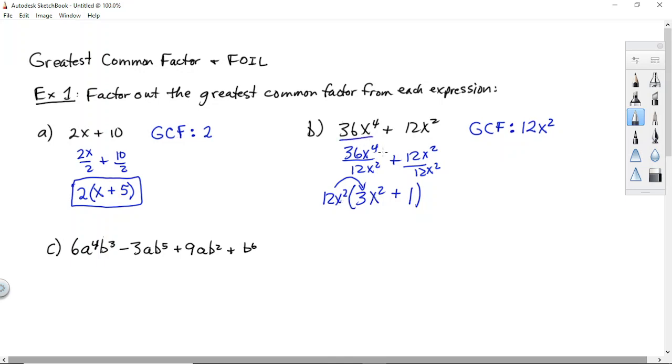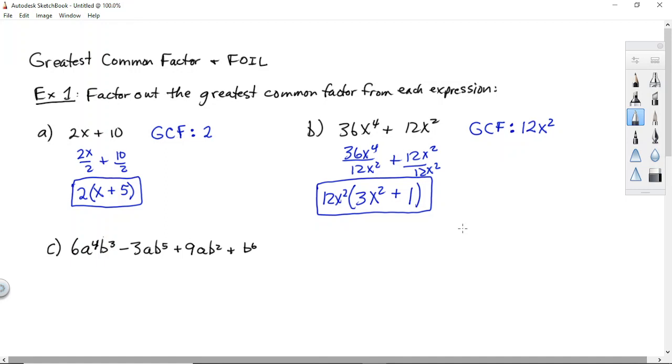We got 36x to the fourth, right? Then we'll take 12x squared times 1. That's 12x squared. That's what it should be. So it checks. So that's our answer. We factored out the greatest common factor.